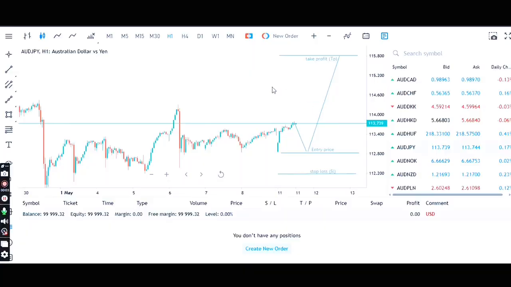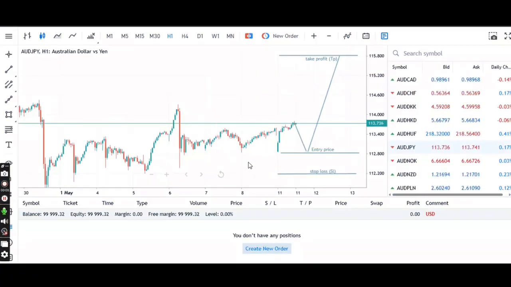So now I'm going to show you how to place these pending orders in the chart. Looking at this particular chart, I'm going to use it as an example to illustrate pending orders for you. Here is the entering price, here is the stop loss, and here is the take profit.